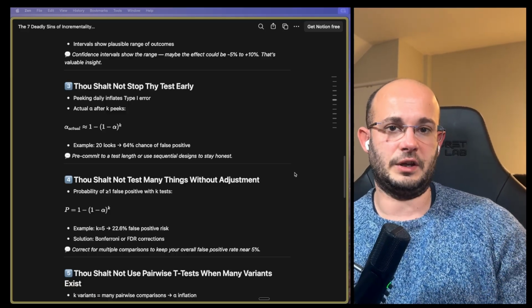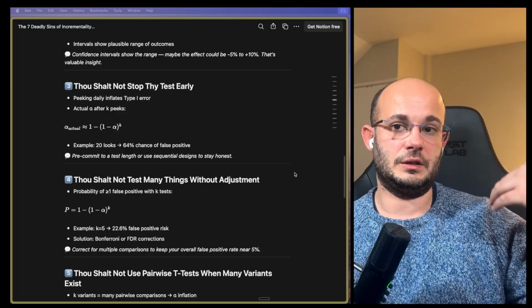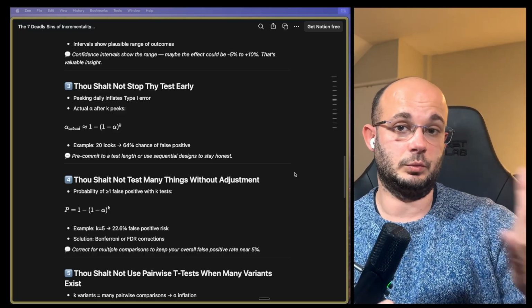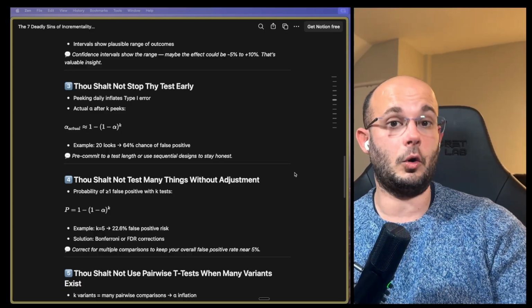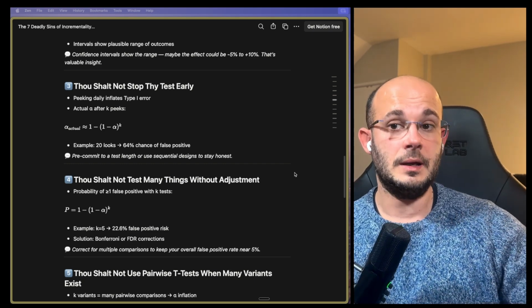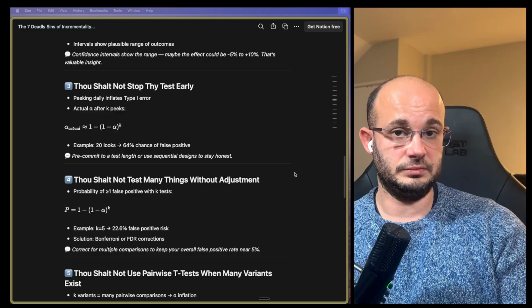They are meant to test one thing against the other. When you're testing a lot of things, related with sin number five, where you're testing many variants, or in this case, you're testing multiple KPIs, your probability of getting a false positive will increase.